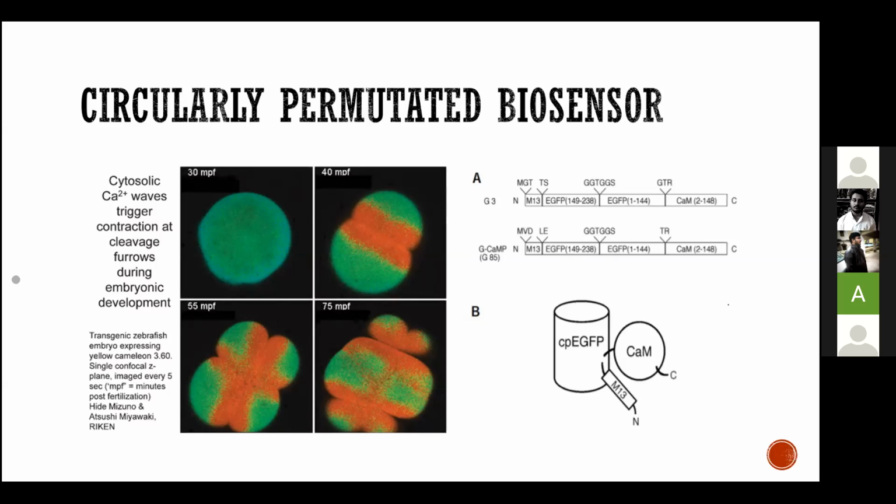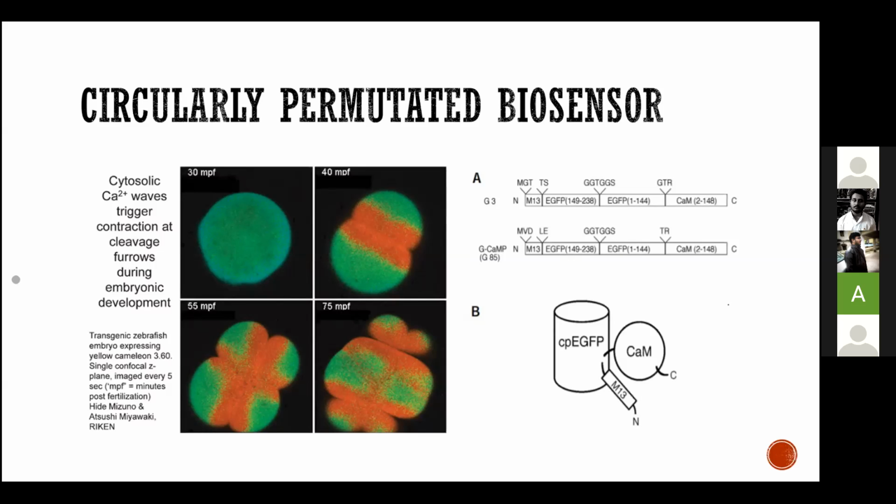Right now you do not need to focus on M13 and calmodulin. You just focus on the EGFP part. Here it is numbered from 144. So there is one strip which is cut. EGFP has a beta barrel, okay?